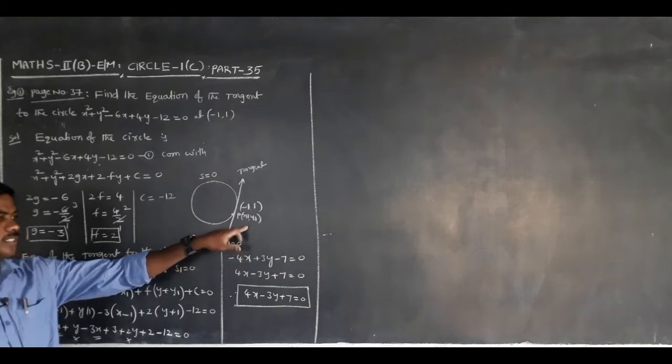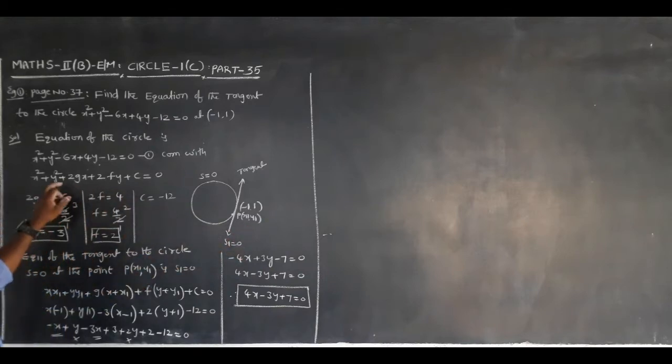Here, first of all, we find the values g, f and c by comparing the given equation with the general equation.